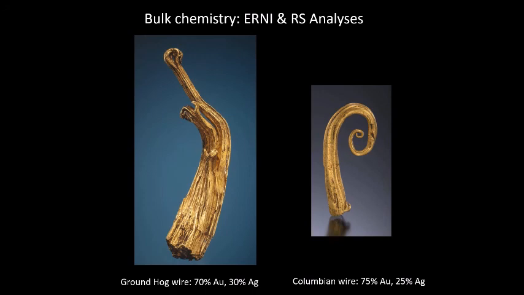Interestingly, however, we get a very different result for the Colombian wire gold. EDS analysis tells us that it's pure gold. However, the resonance spectroscopy, which looks at the entire volume, sees 25% silver and 75% gold, and that actually is not surprising.